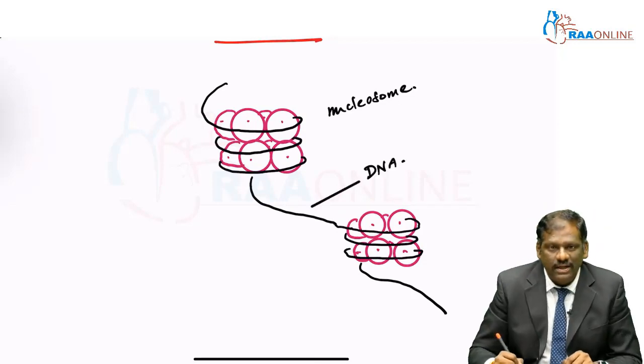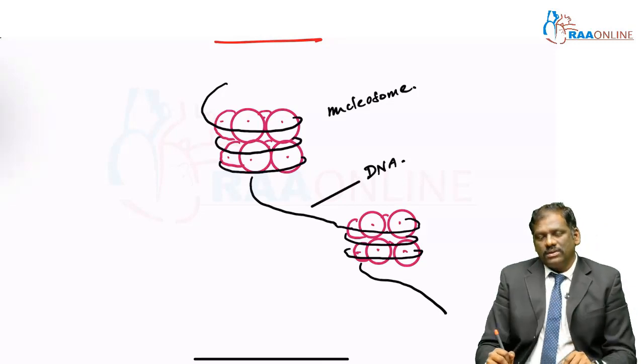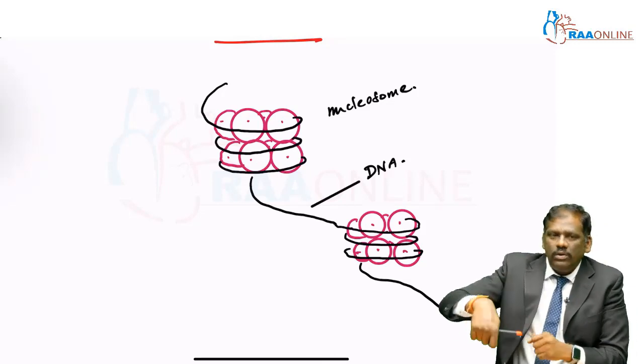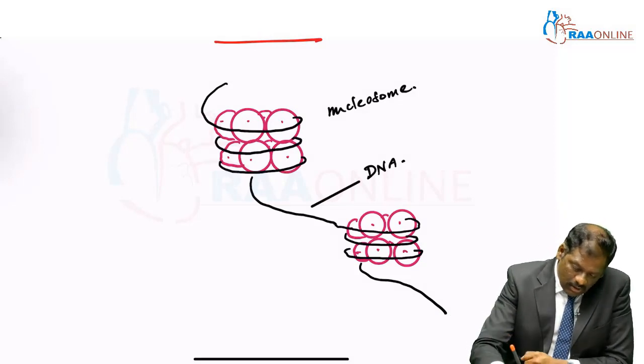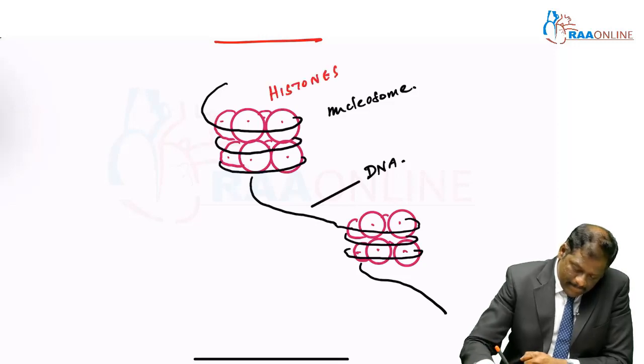So this DNA has been wound around some kind of structure. These structures are called histones.